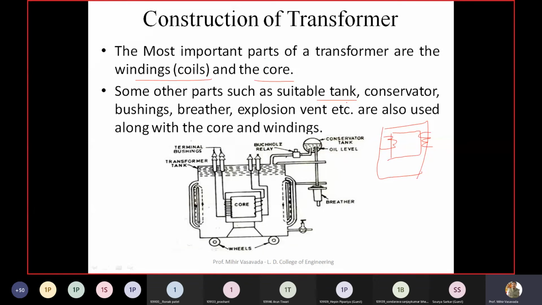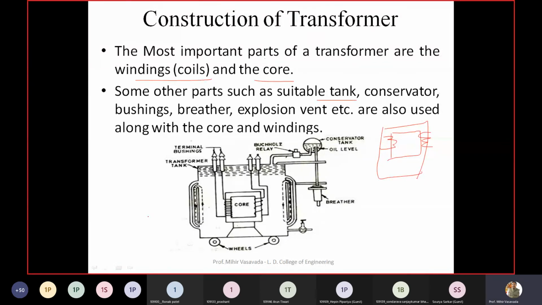For small transformers, whose power capacity is less, you can use simple transformers like the ones you are using inside the charger, very small, that is air bound transformer. Core and winding are in air itself, right? But if the capacity of transformer is more, then the current flowing in both the windings will also be large.